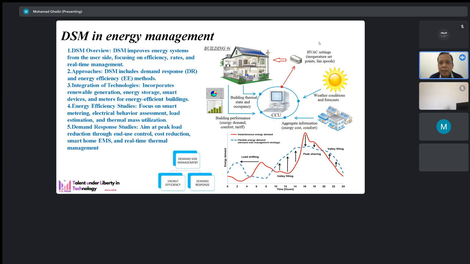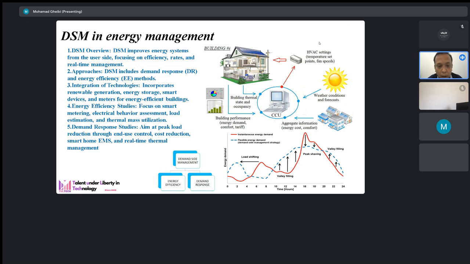Demand response studies are about reducing peak load by implementing strategies such as end-use control to adjust energy consumption during peak periods, cost reduction through optimized usage, and implementation of smart home energy management systems.